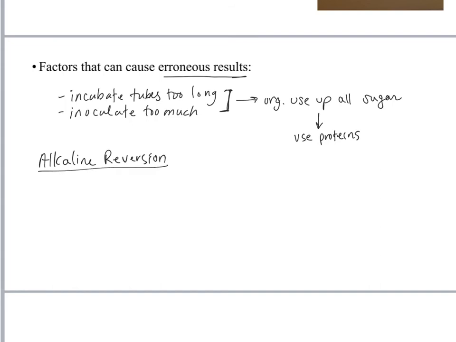Okay, so to begin with, an organism, again, is using sugars. Wait, let's back up a minute. To begin with, the medium is purple, right? It's neutral to start out with. And then when the organism starts using the sugars, or I should say fermenting the sugars, then we get a yellow color change due to acidic end products like lactic acid, or formic acid, or acetic acid, any of those things.